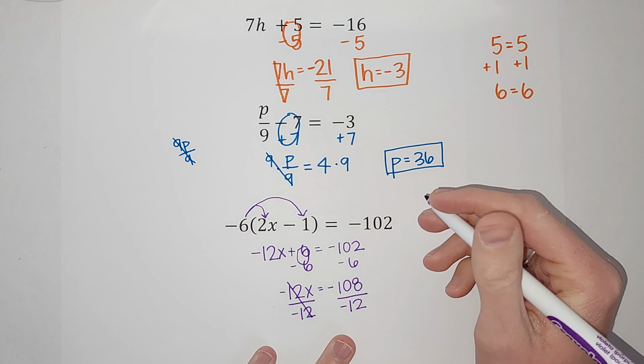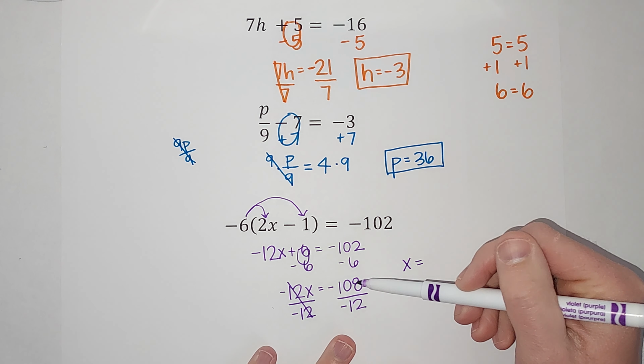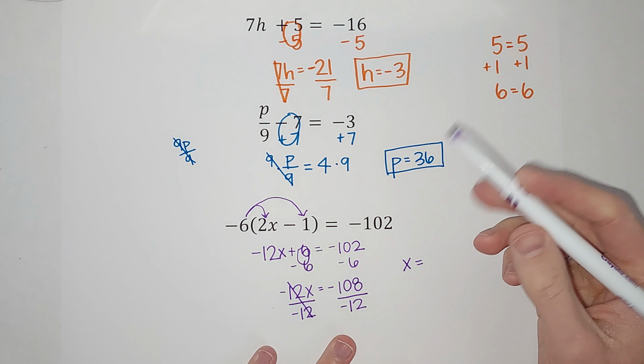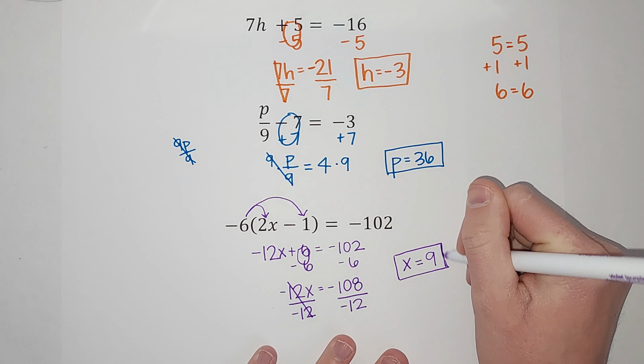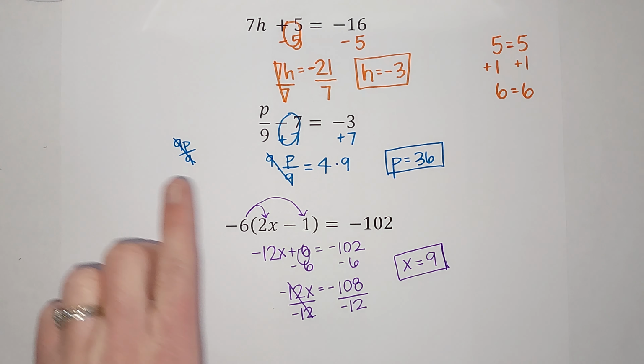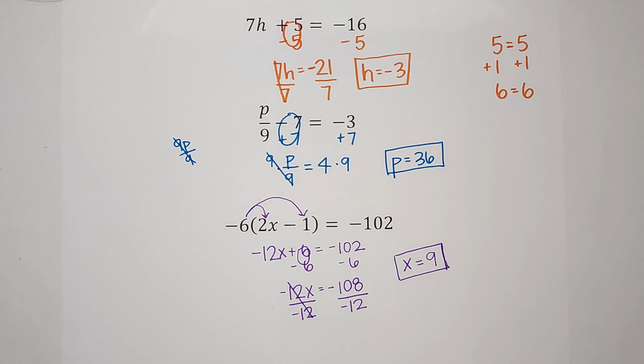So I'm left with 1x, which we just write as x, and negative 108 divided by negative 12 is going to give me, a negative divided by a negative is positive. 108 divided by 12 is 9. Okay, so my answer is 9. Just like before, you can always go plug it back in to make sure you got the right answer. I'm feeling pretty confident about it.